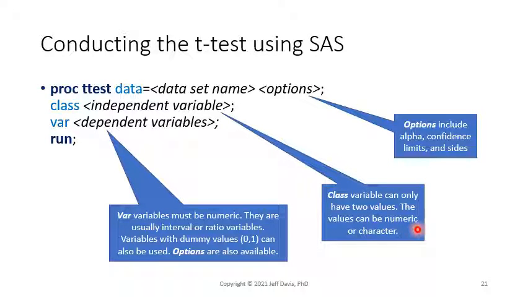So you could have a class variable called group, and the values for group can be 1 for the first group, 2 for the second group, or it could be A for the first group and B for the second group. And then you can have multiple dependent variables. So if you wanted to compare these two groups on a lot of different dependent variables, you can list all those variables here.